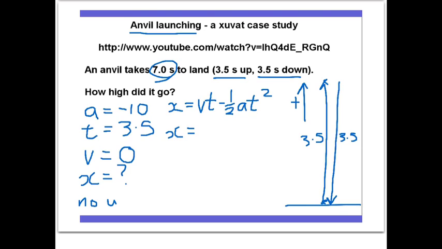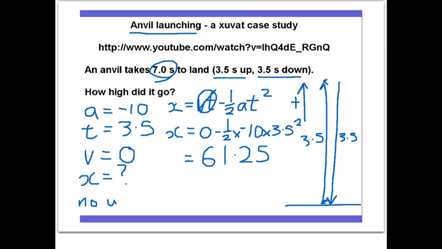V is 0, and so this whole term goes to 0. 0 minus 1/2 times negative 10 times 3.5 squared. And so solving that, negative 1/2 times negative 10 would be positive 5. 5 times 3.5 squared gives us 61.25 meters. So even with such limited initial information, we were able to use that equation of constant acceleration to figure out how high the anvil went.